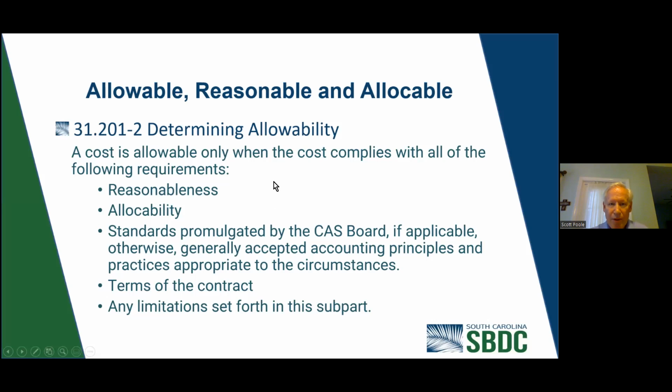So to determine allowability, you see that this is for 31.201-2. Now you have certain things that are coming along here. When you look at this, you'll see 31. That's the part.